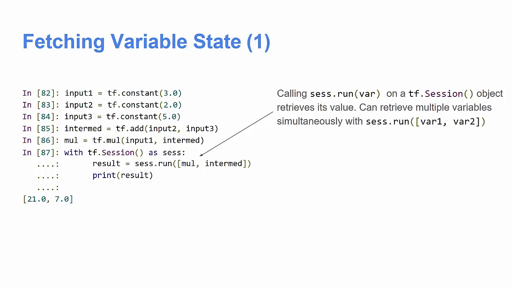So with tf.Session() as sess, result equal to sess.run(mul, intermediate). So it will first calculate the intermediate value by adding input2 and input3, which is 7, and then multiply input1 with this. So we will multiply 3 with 7, which will give 21. So it will print the two values 21 comma 7, because result is equal to sess.run, and in square brackets we have [mul, intermediate].